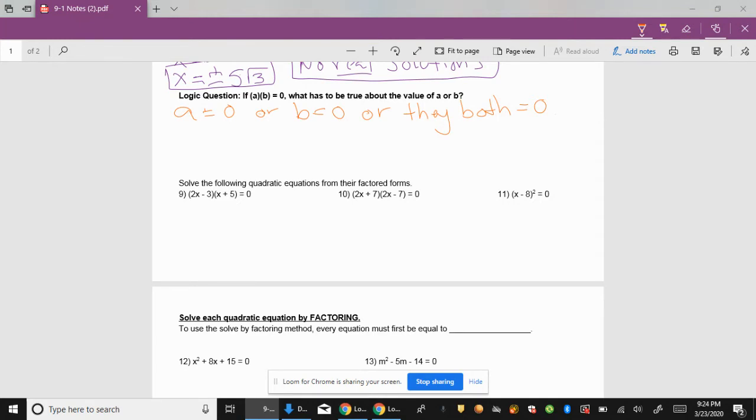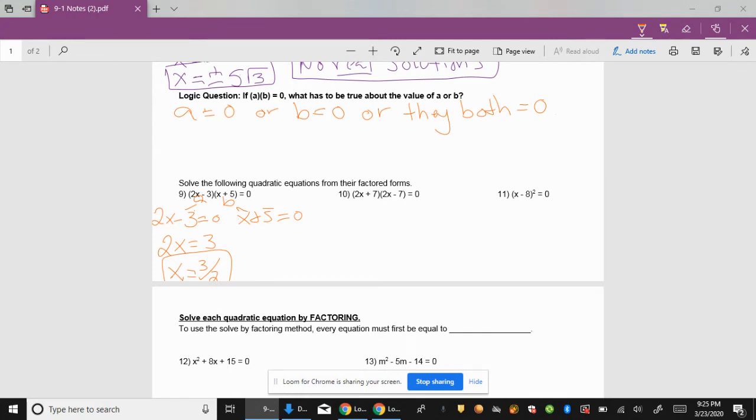So 9, this is essentially the same as the logic question, where the 2x minus 3 would be your A, and x plus 5 would be your B. So if A times B is 0, well, then I know that 2x minus 3 could equal 0, or x plus 5 could equal 0. And now I solve. You just got two little Algebra 1 problems. So add your 3 to this one, divide by 2, and we get 3 over 2 is one of my answers.